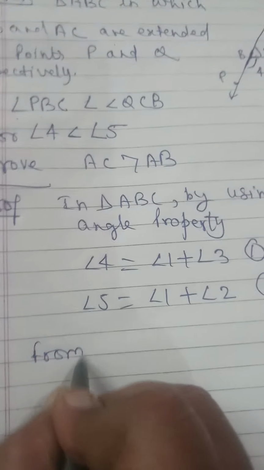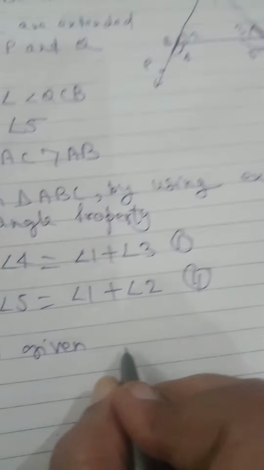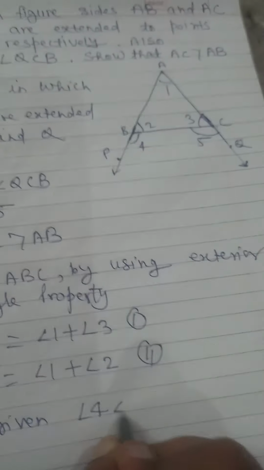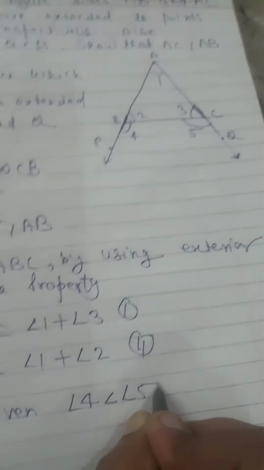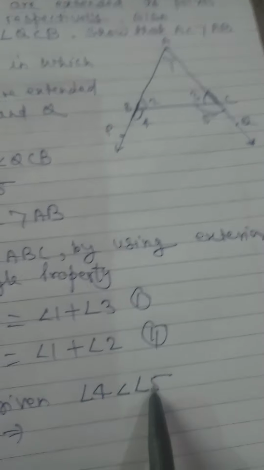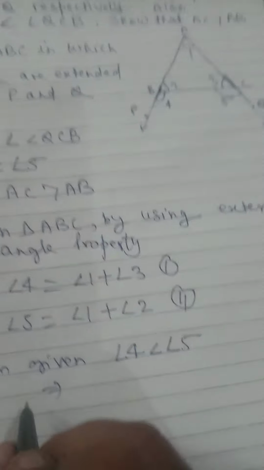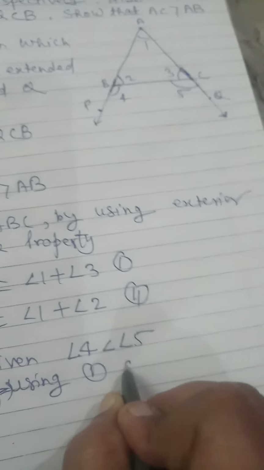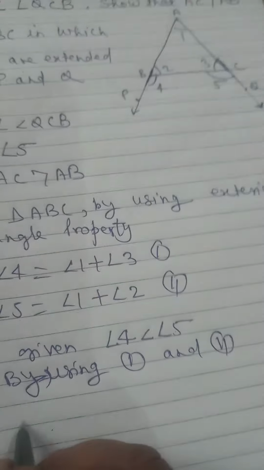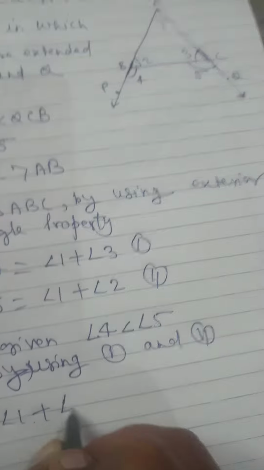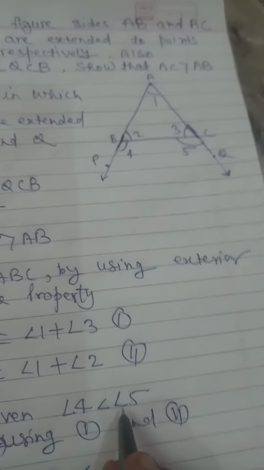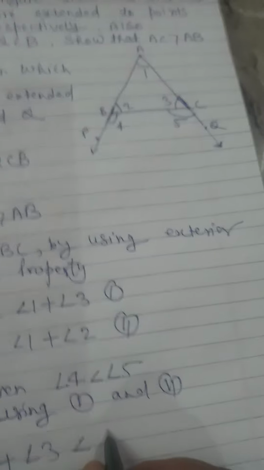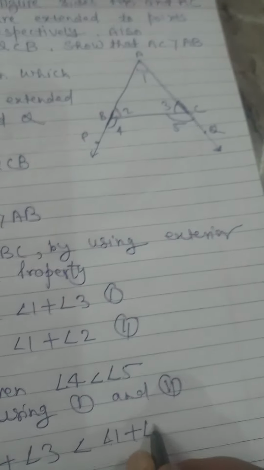Substituting the values of angle 4 and angle 5 from the first and second equations, angle 1 plus angle 3 is less than angle 1 plus angle 2.